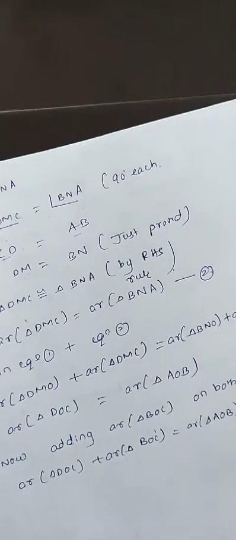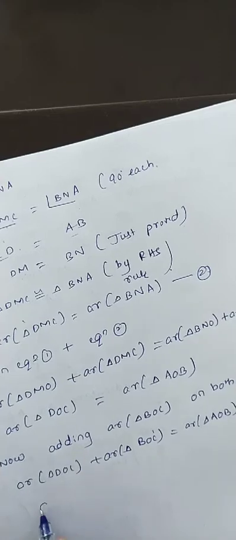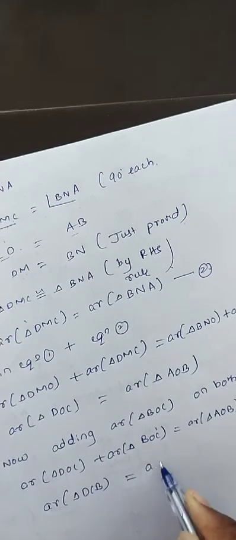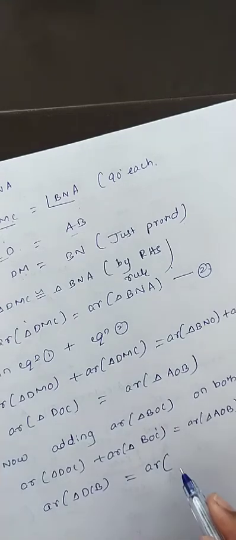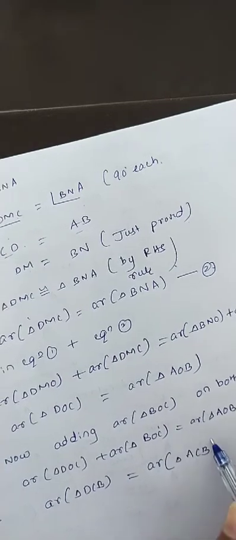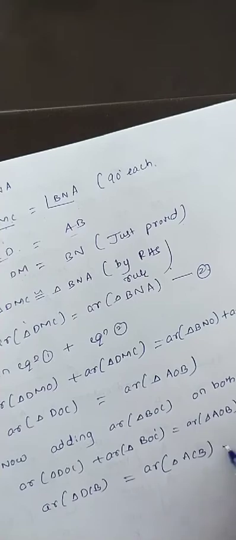When I add these, I will get area of triangle DCB is equal to area of triangle ACB. Okay, so this is your second proof.